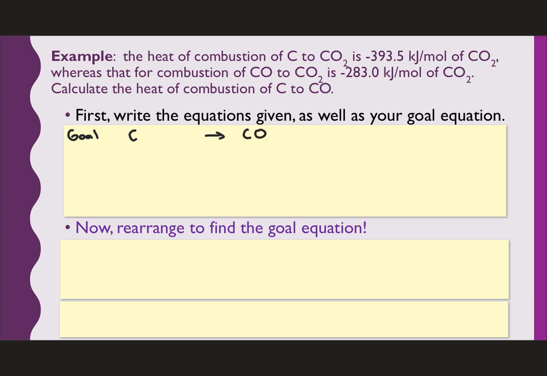Now, to make this happen, I know that combustion requires O2, but that gives me more oxygens than I need. So I am actually going to place a 1/2 coefficient in here, because I'm assuming that they're talking about 1 mole of carbon to 1 mole of CO. Now, the other reactions that were given, and remember we're looking for the delta H here, are carbon to carbon dioxide.